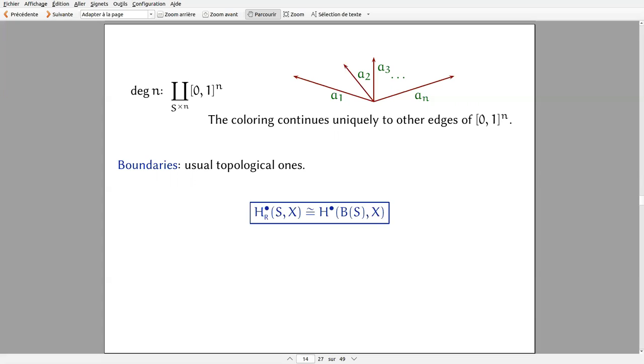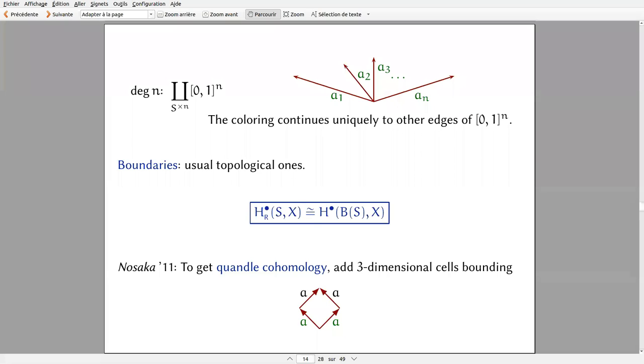And if you play with the formula defining the rack cohomology a little bit, you'll see that this CW complex has the same cohomology as your rack. This is very easy to obtain. And if you want to work with quandle cohomology, you'll just need to add some 3-dimensional cells with the boundary indicated like here.